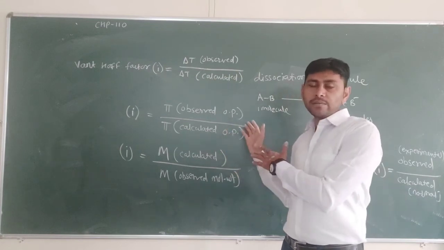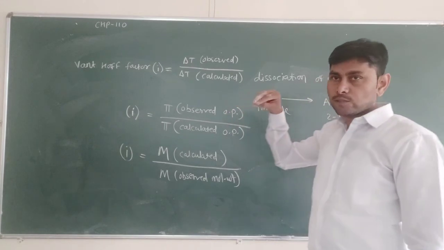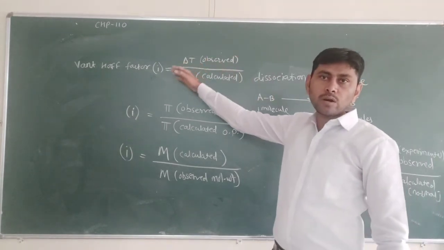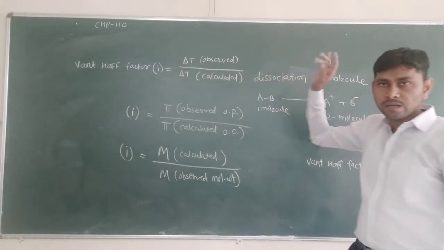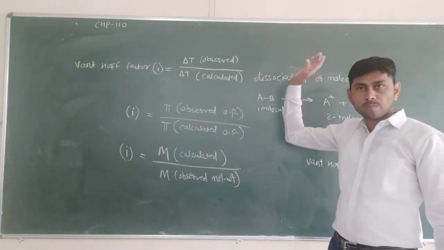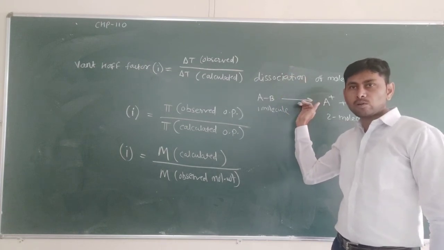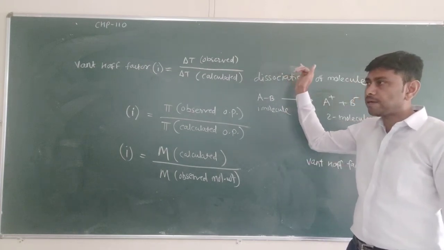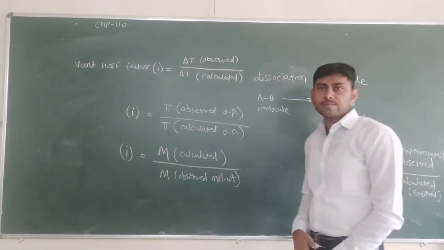That difference is shown by the ratio we call Van't Hoff factor i. So Van't Hoff factor i represents the ratio of the observed, experimentally determined colligative property to the calculated colligative property.